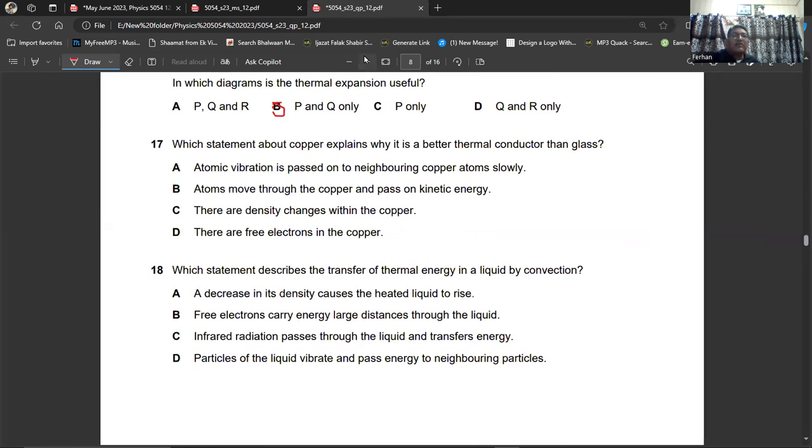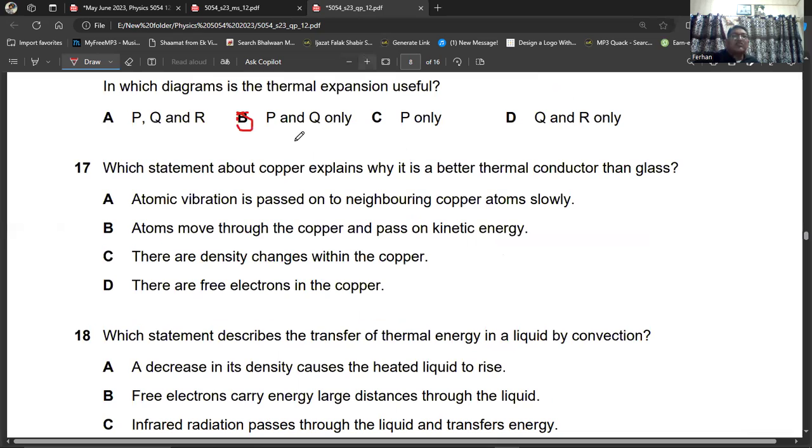Okay, so we are going to the next question. The next question is question number 17. It says, which statement about copper explains why it is a better thermal conductor than glass? Why is copper a better conductor? Because in copper, we have free electrons, which we do not have in glass.